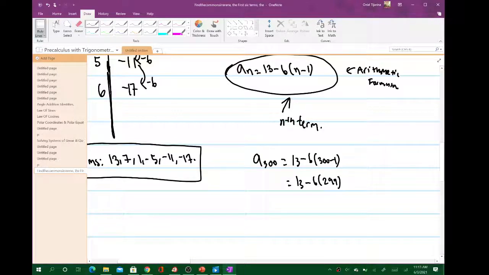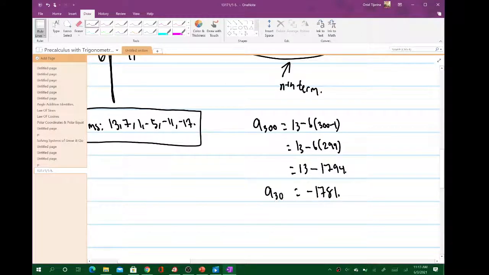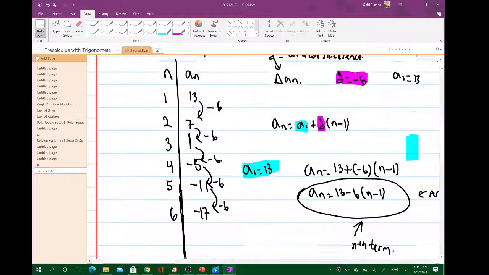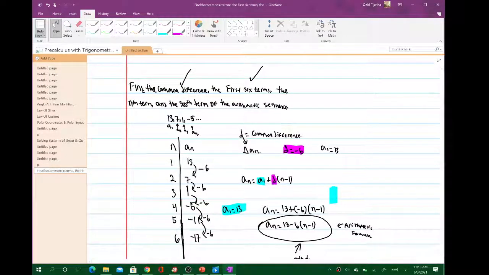If you multiply that out, 6 times 299 is 1794, so it's 13 minus 1794, which gives you negative 1781. So the 300th term is negative 1781. Okay? And that's how you do this one.